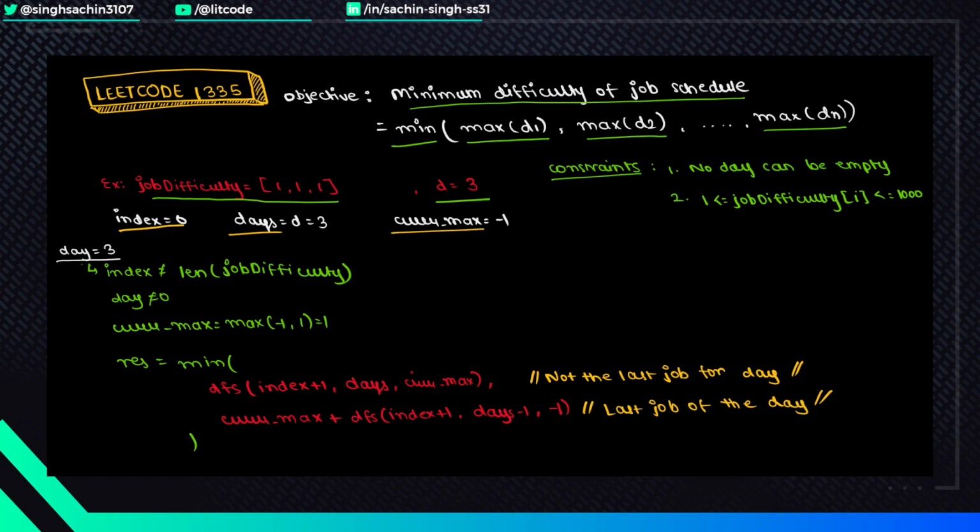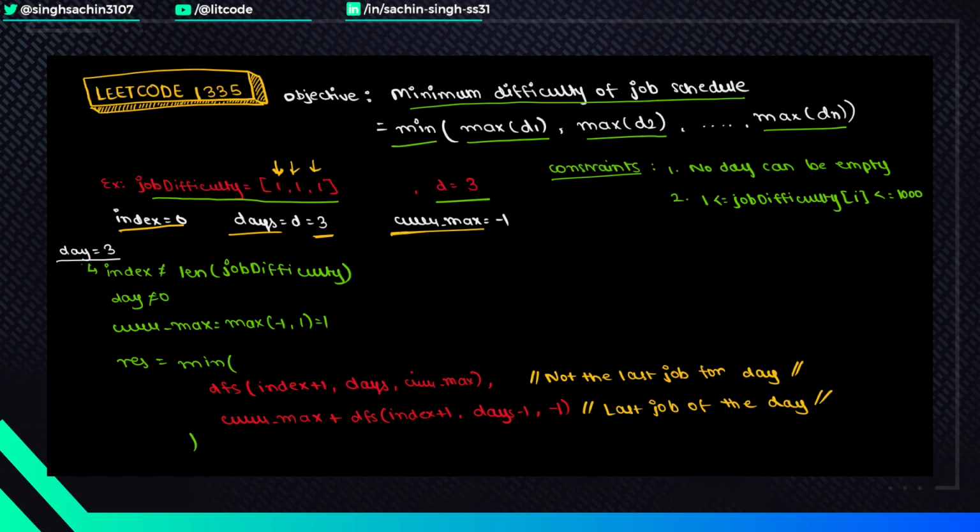Index will represent the job we are currently on. For example, 0 represents the 0th job, 1 will represent the first job, 2 will represent the second, the last job. Days will represent the number of days available to us, and current max is the current maximum on any particular day. So these 3 variables will be used.